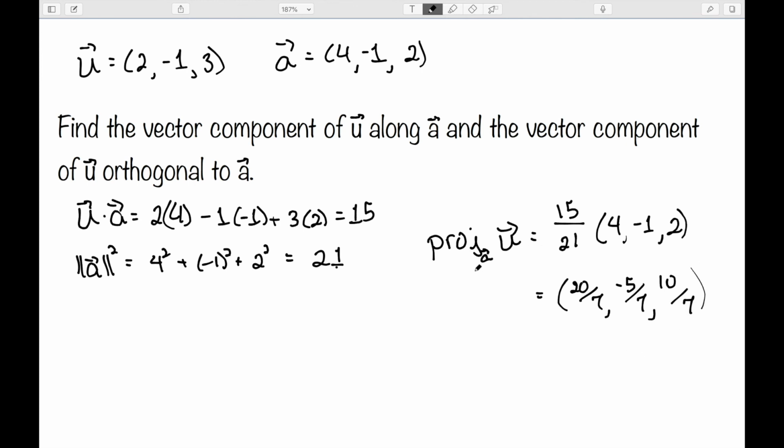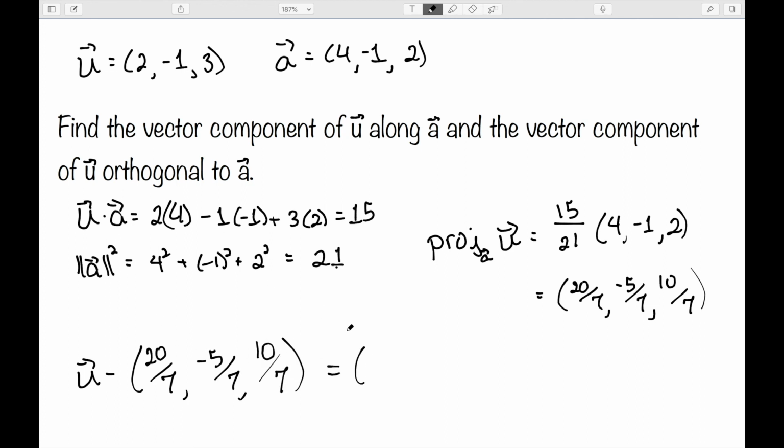So this is the vector component of U along A. For the orthogonal component, we need to just do U minus this vector that we just found: 20 over 7, negative 5 over 7, and 10 over 7. So I have 2 minus 20 over 7. That's negative 6 over 7. Negative 1 minus 5 over 7. That's negative 12 over 7. 3 minus 10 over 7. That's 11 over 7.